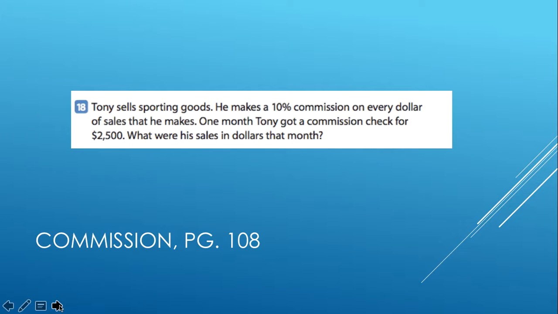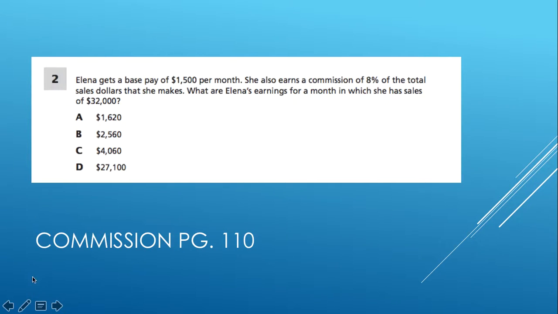Okay, so next I want you to look back at your definition for commission. It's the percent of money that a person gets based on the sales amount. So they get paid like a regular wage, but then on top of that, they get paid a certain commission. So commission is also going to be addition.